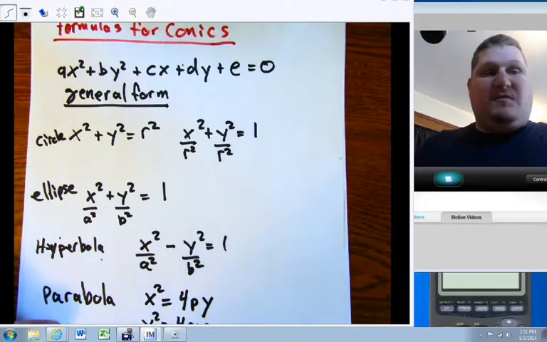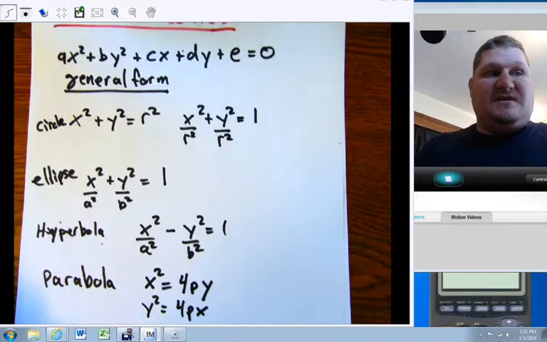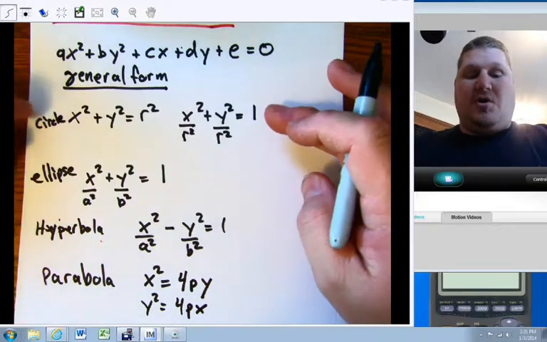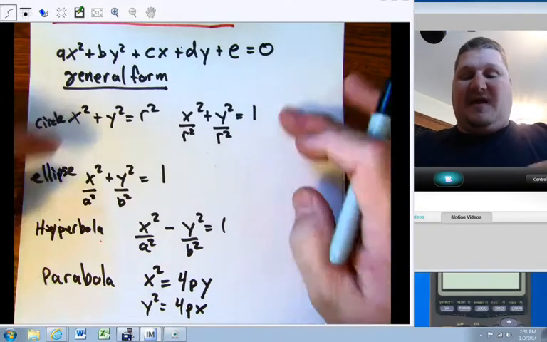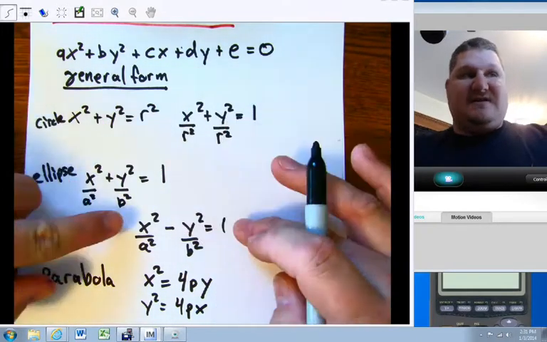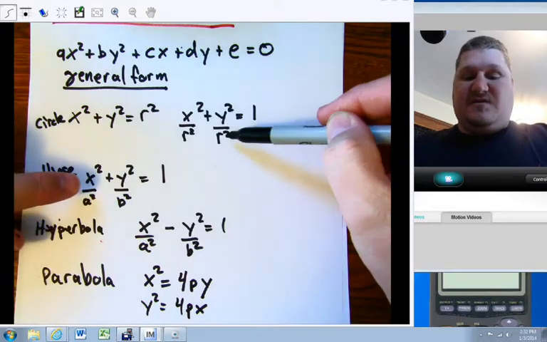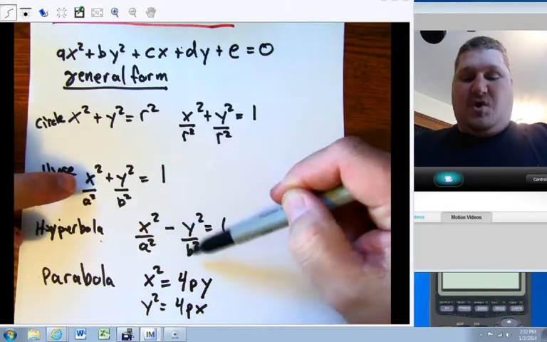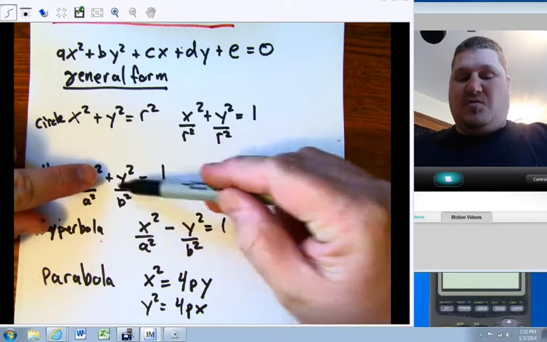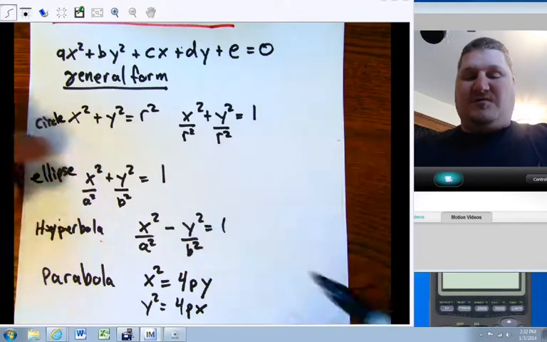This one is the weirdo. The reason to address the other three at the same time is because in essence they are the same formula. There's just a minor variation whether the bottoms are different or whether it's a plus or a minus. Those are the things that make them different.